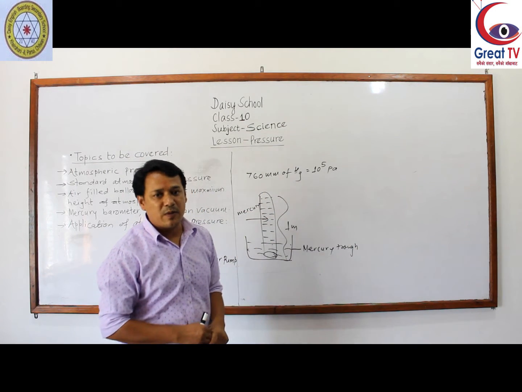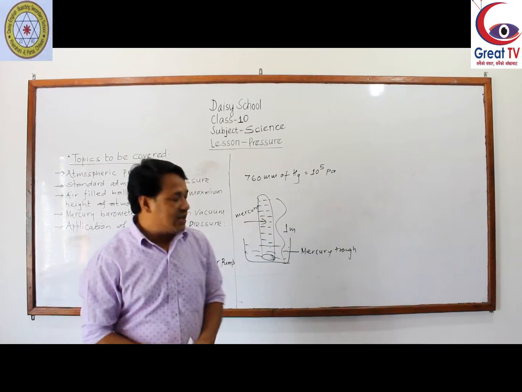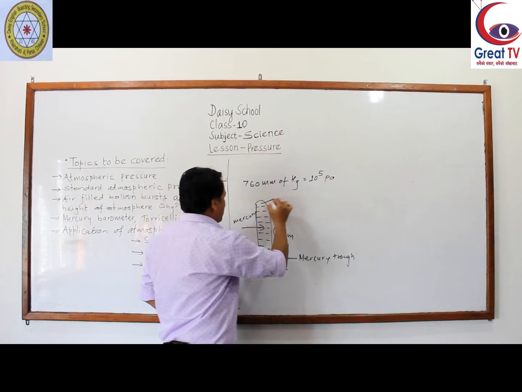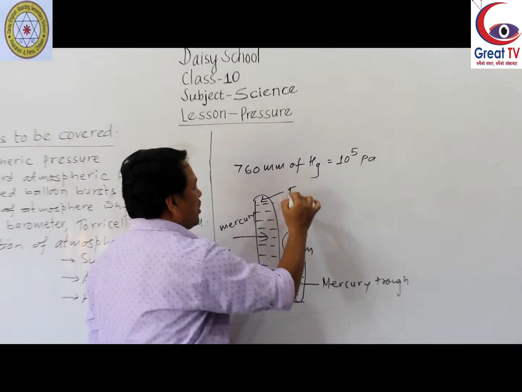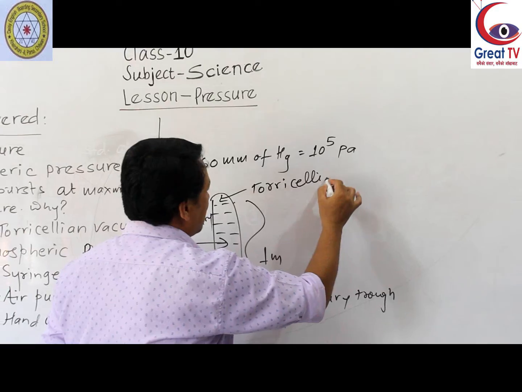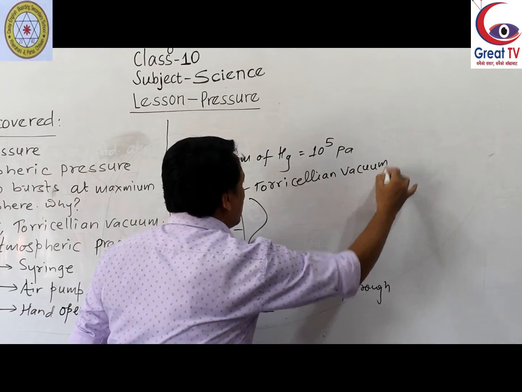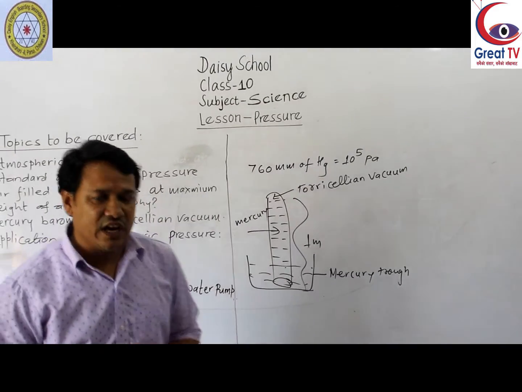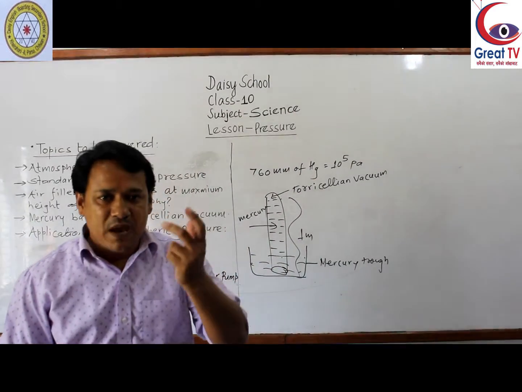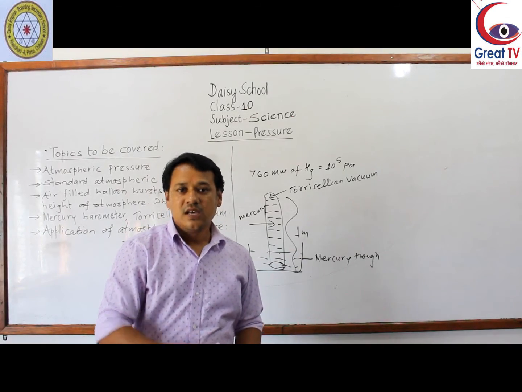It was discovered by the scientist Torricelli. That's why, by his name, it is called the Torricellian vacuum. The Torricellian vacuum means the space which is left at the top of the mercury barometer.